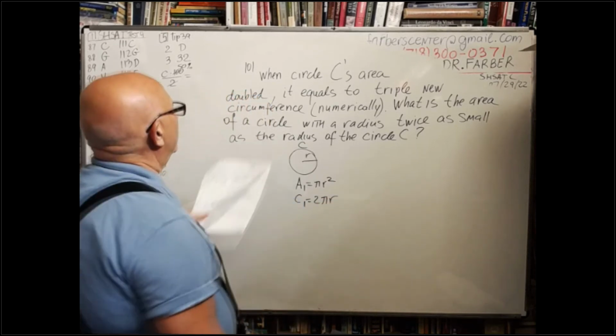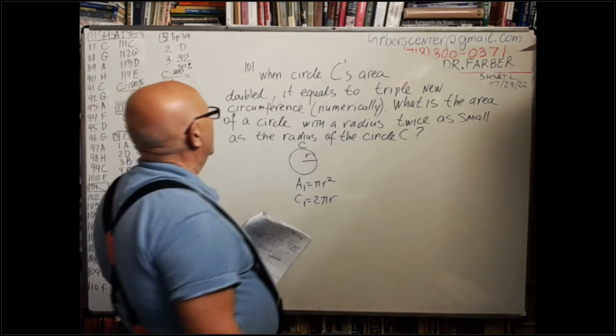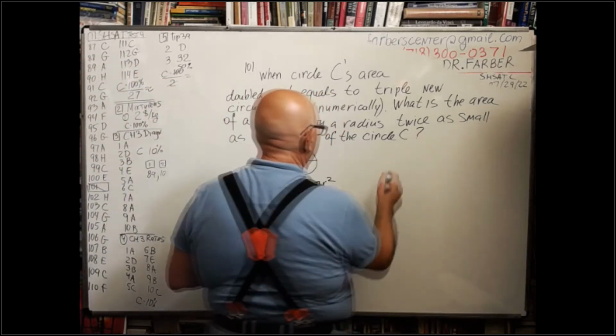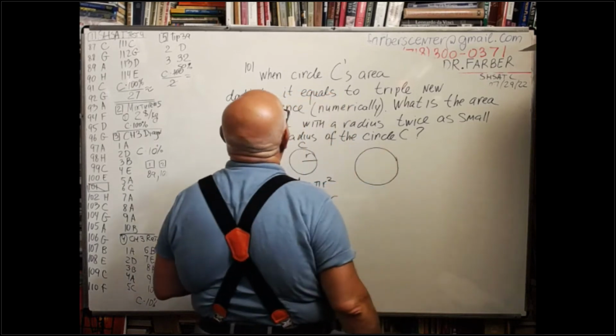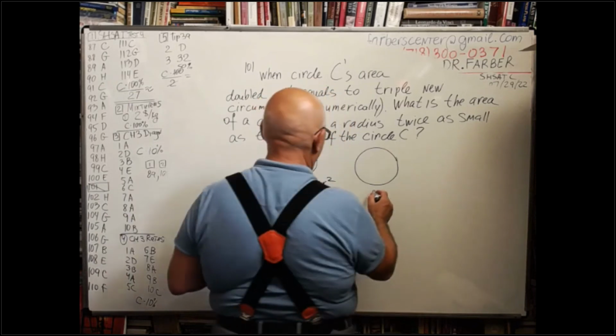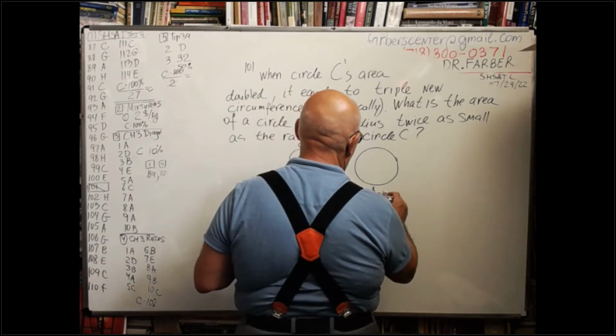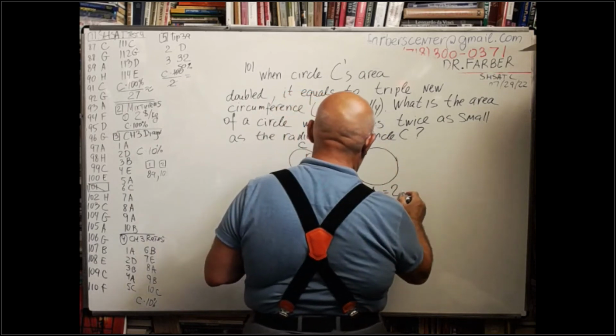Now, step by step. We have a bigger circle, and the area of this circle, area 2, equals double, equals 2 pi r squared. Why?